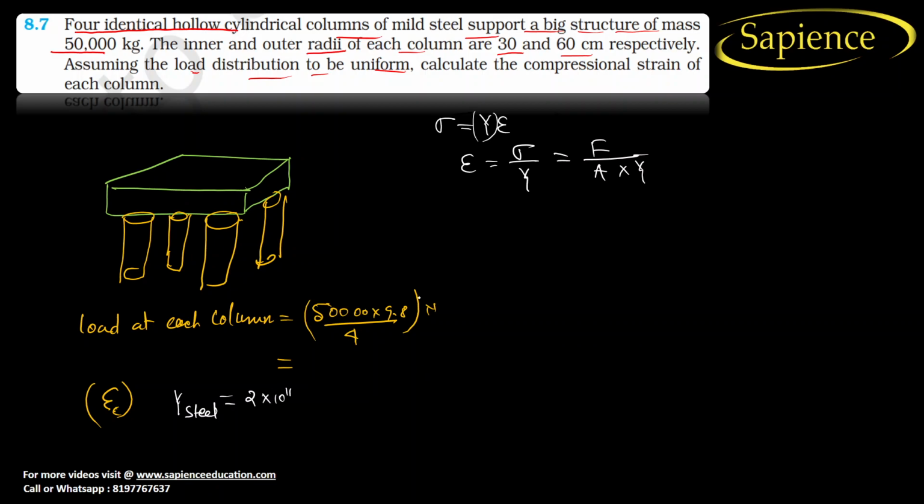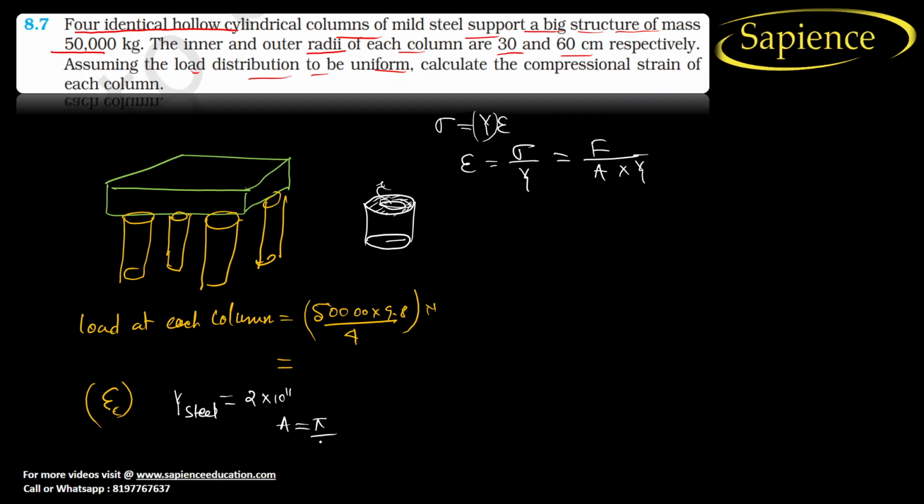So can we use here now the area? Let us consider this is the column, and there is an area of the column. This area we need to calculate. Why? Because they have given inner and outer radii, it means that it is a hollow cylinder. So first of all we should find the area.